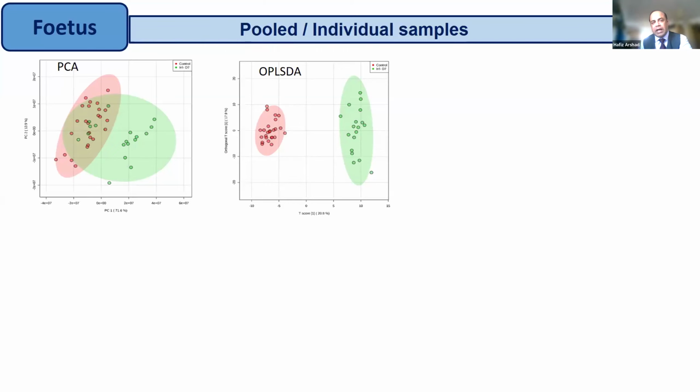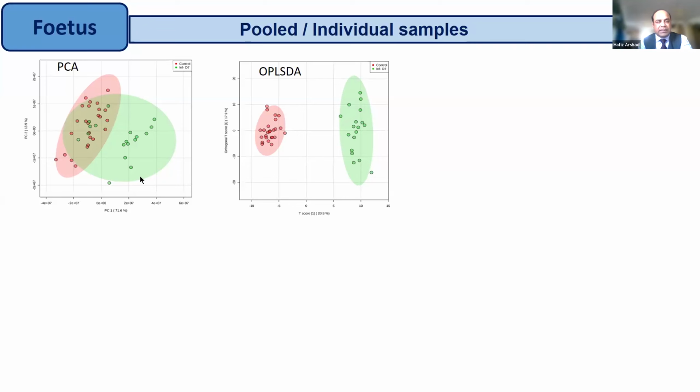Such data representation in the literature is not fair, because, as we all know, OPLS-DA is a supervised pattern which exaggerates the distribution. So the point of this slide is that if the PCA plot is fairly distributed, then we should go for OPLS-DA. Otherwise, it should not be carried out.